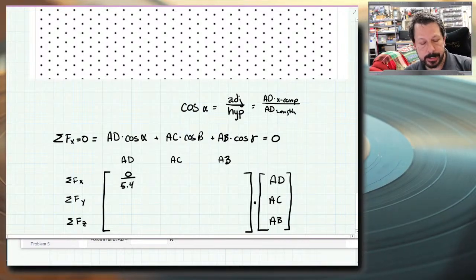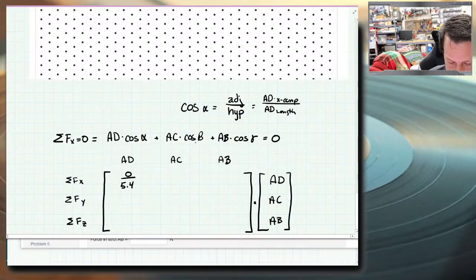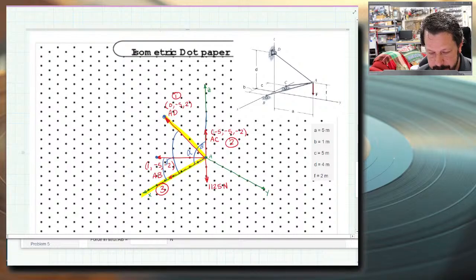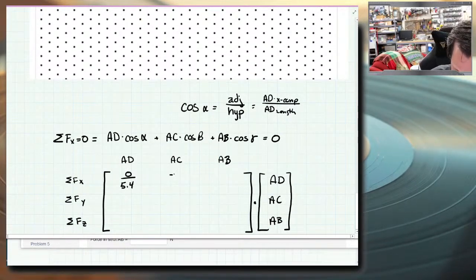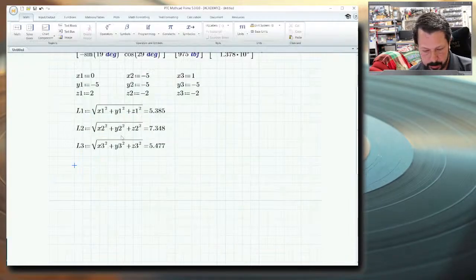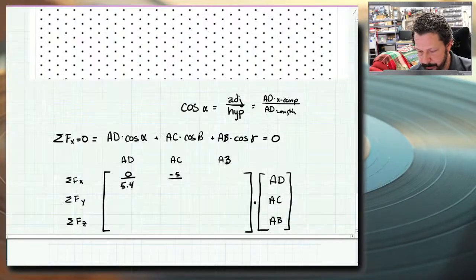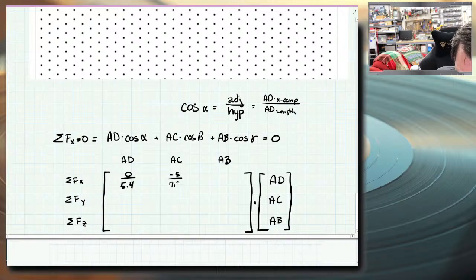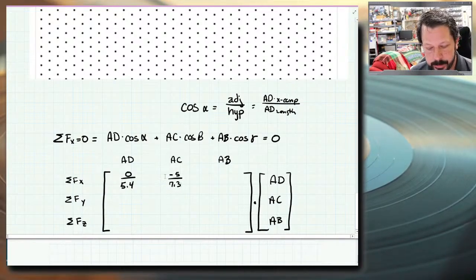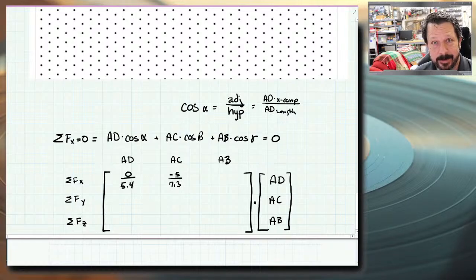So this coefficient is actually just 0. For AC, I need the cosine of beta, so the x component for AC was a -5. The length of AC I called L2, and that is 7.3. And notice how this one gets the negative sign from the -5. So remember, the -5 over 7.3, that is cosine of beta.